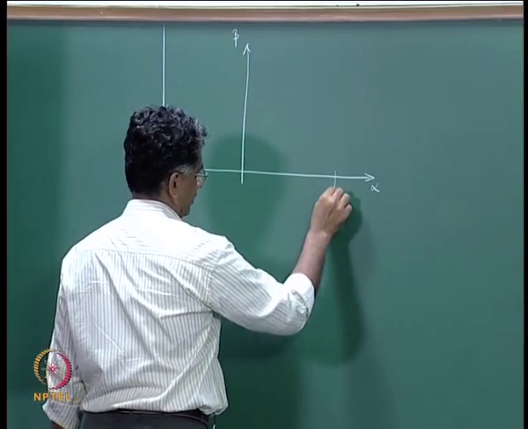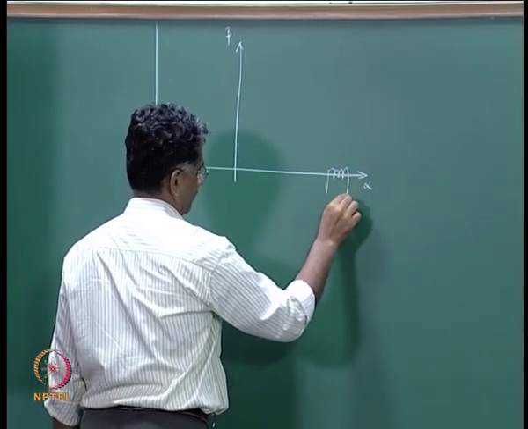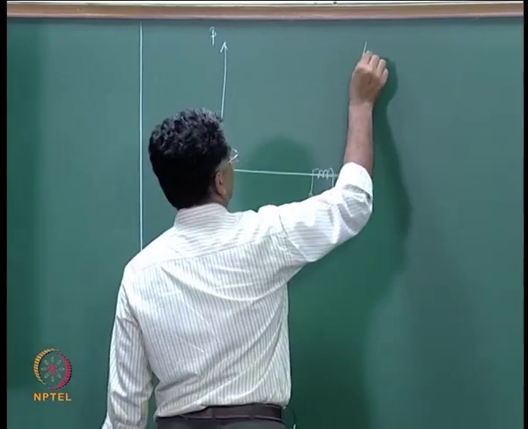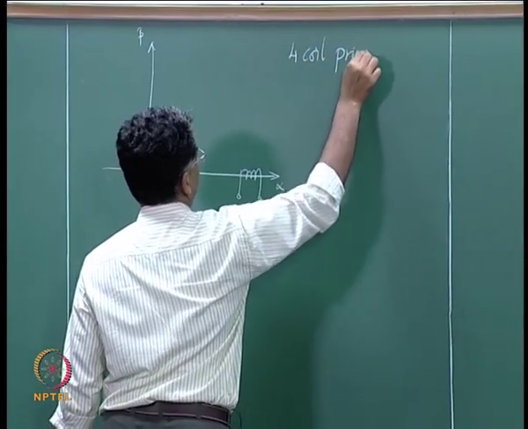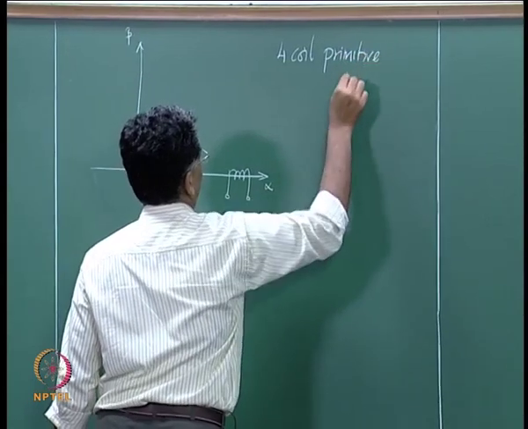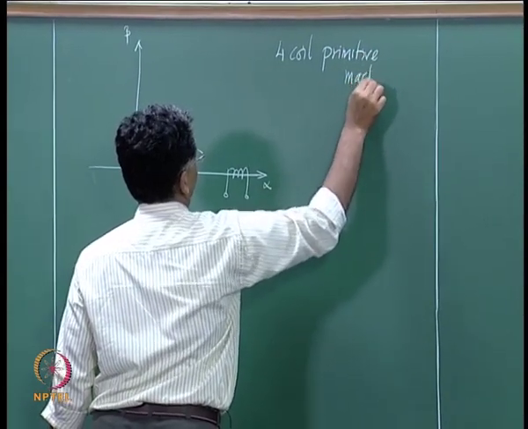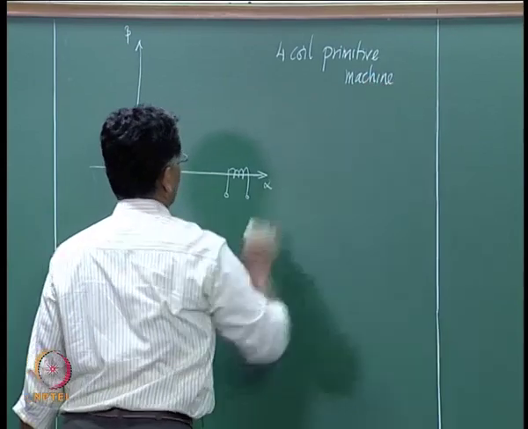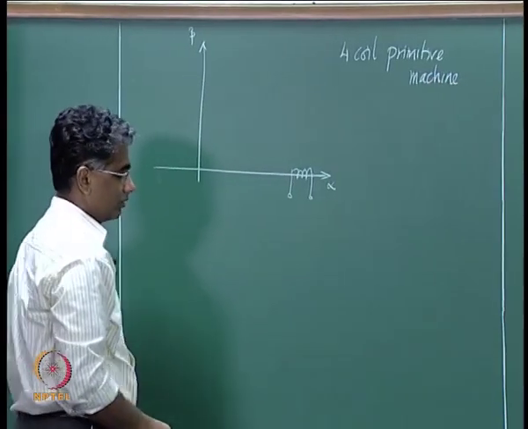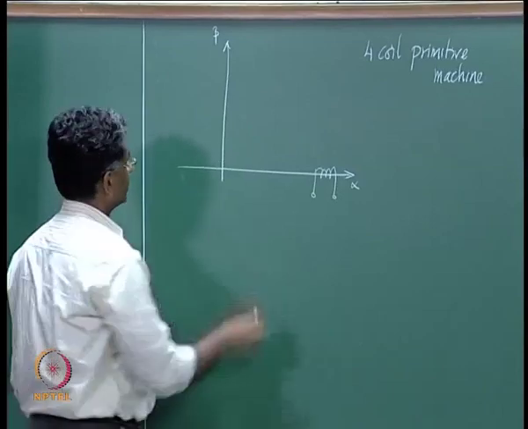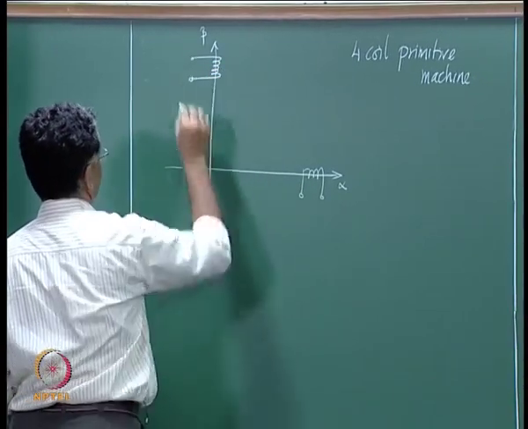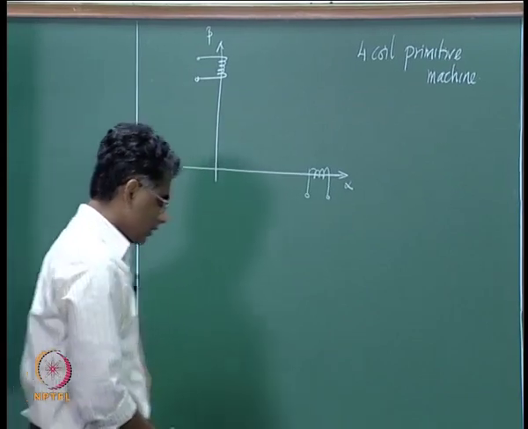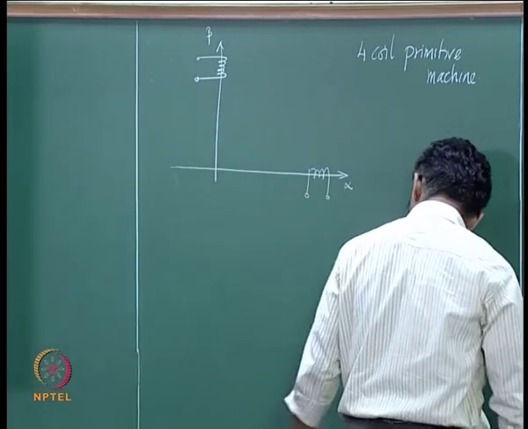We had derived expressions for a 4 coil primitive machine: one coil on the alpha axis of the stator, another coil on the beta axis of the stator, and then we had fictitious coils.